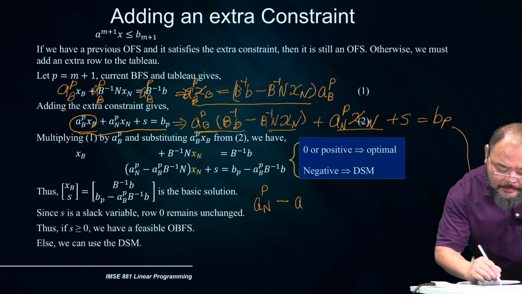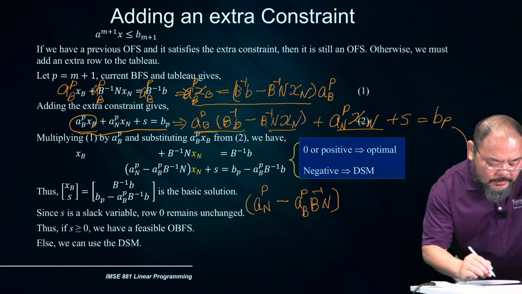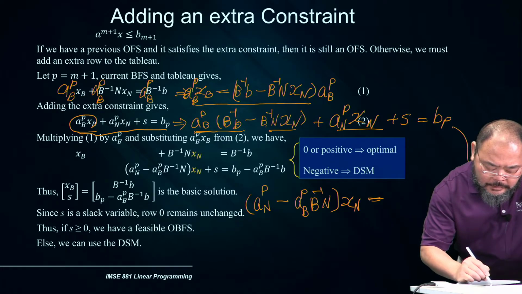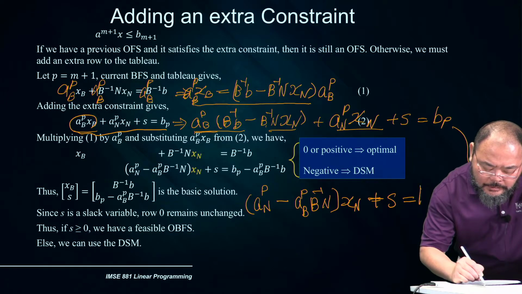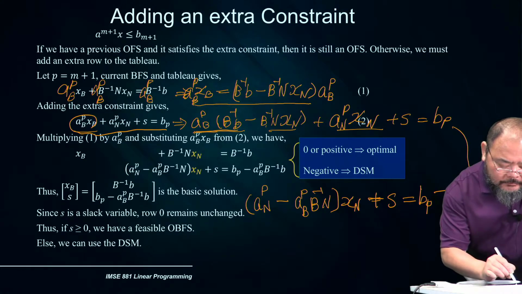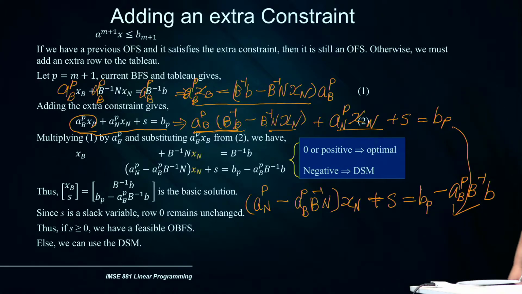So it's a B p times B inverse times N, these two, times xN, plus s equals b p minus this term in the front, a B p times B inverse times b. All right. So this is what happened in the second equation down here.